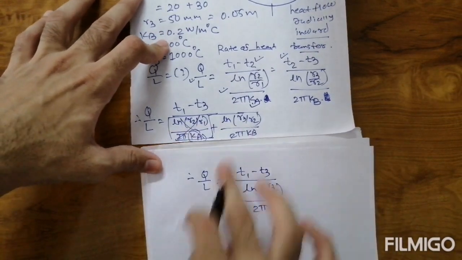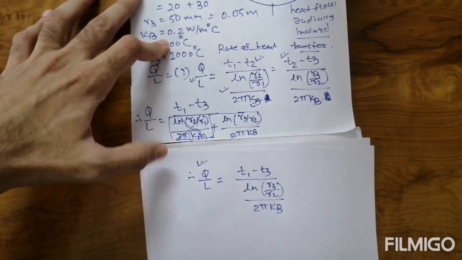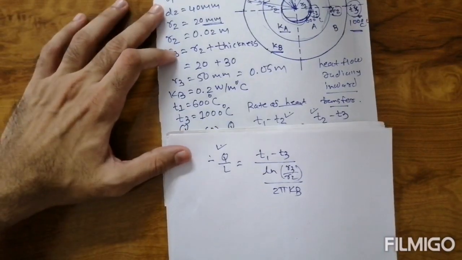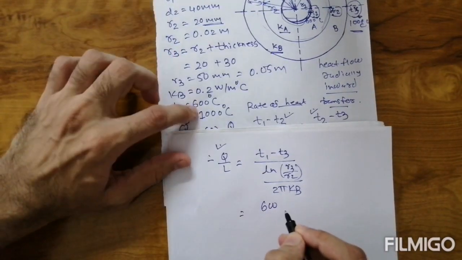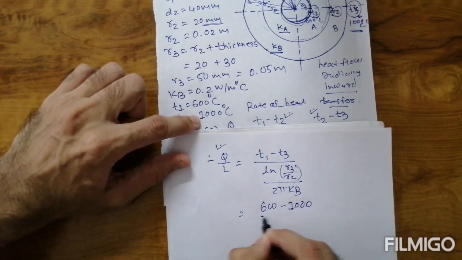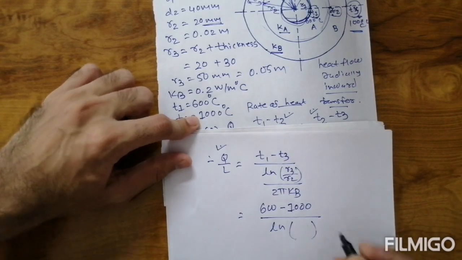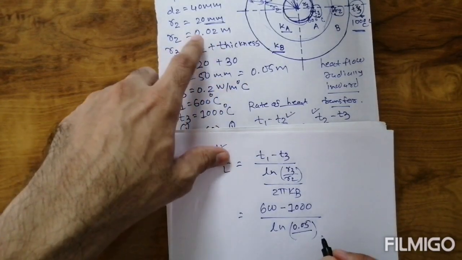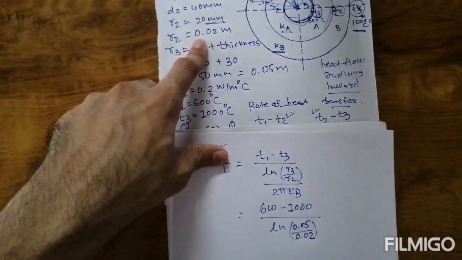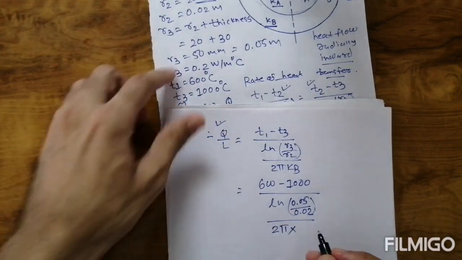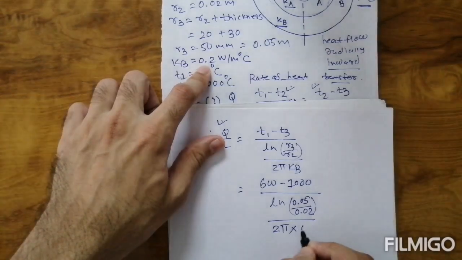In this equation only Q by L is unknown, so we can find its value. T1 is 600, T3 is 1000, so T1 minus T3 is 600 minus 1000, divided by ln R3 by R2. R3 is 0.05 and R2 is 0.02, divided by the constant term 2 pi into Kb, where Kb for the asbestos is 0.2.